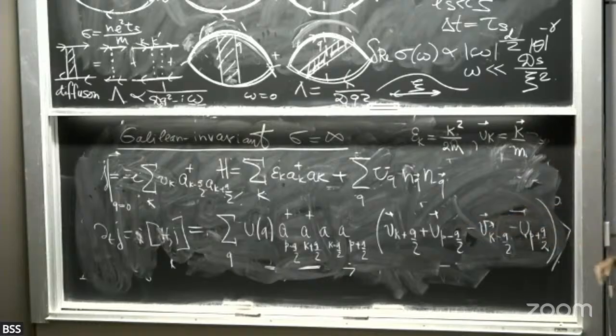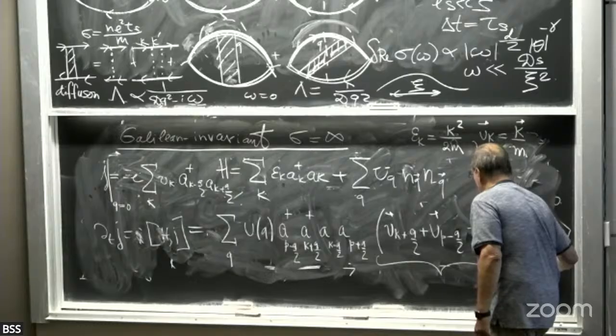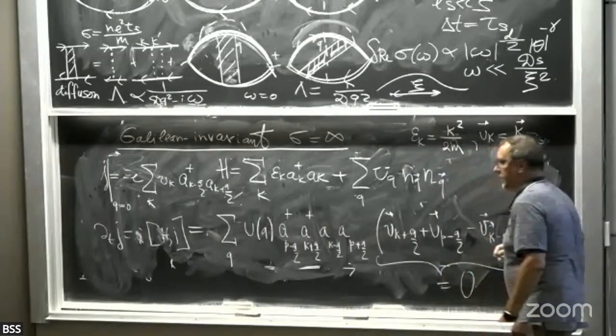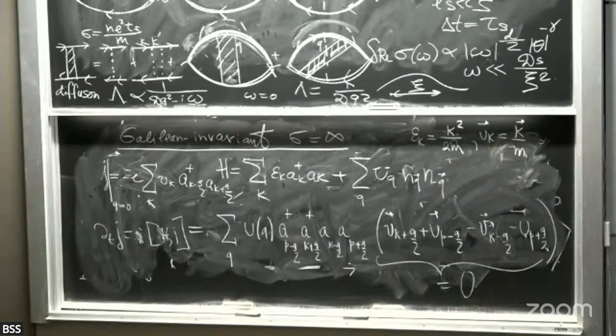Now you see that if you stick it in, the whole bracket cancels out, and we get 0. Well, that's really the only thing which we can say at an exact level, right? Everything else will have to follow from, let's say, the Boltzmann equation or Feynman diagrams.